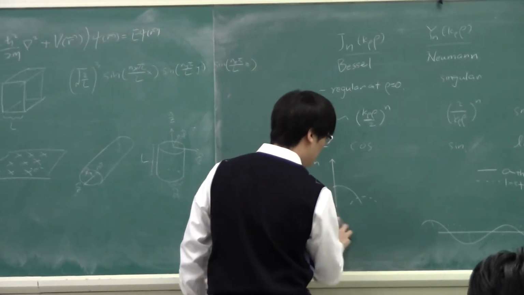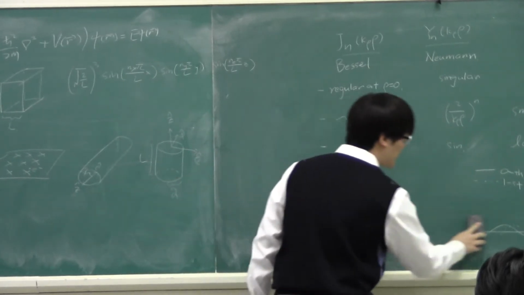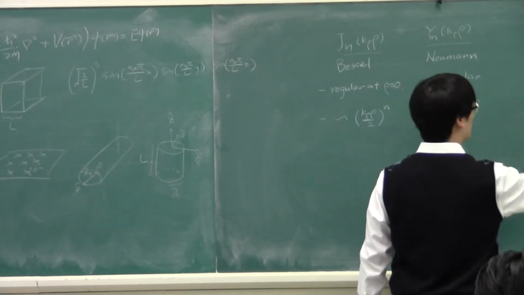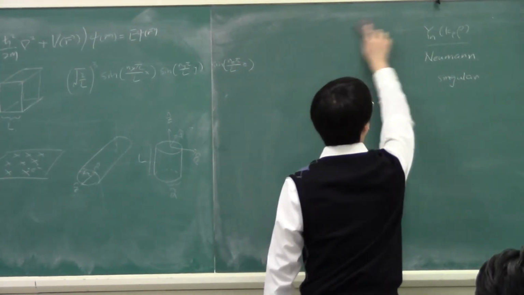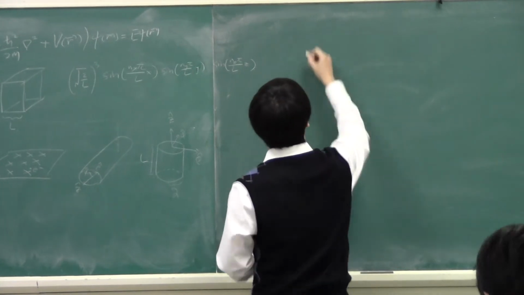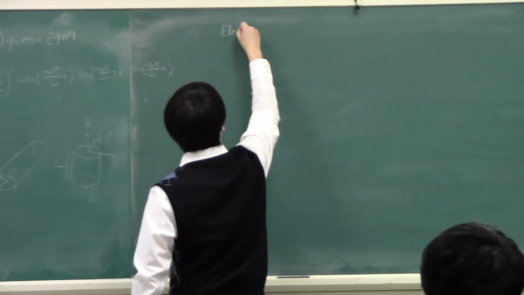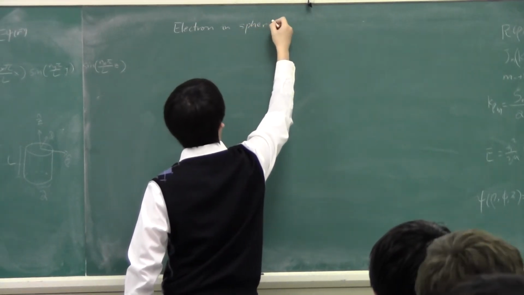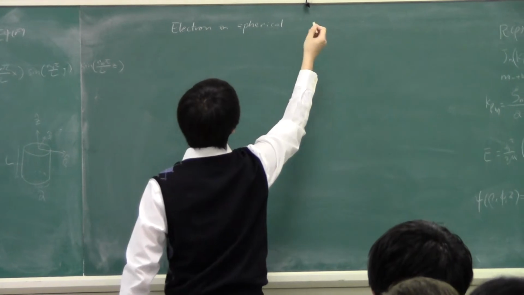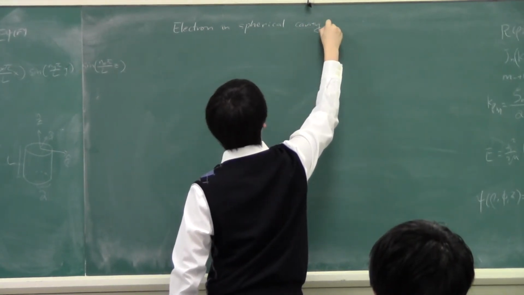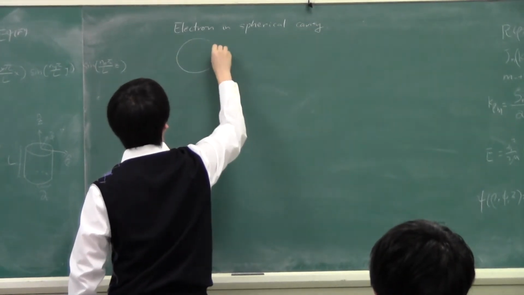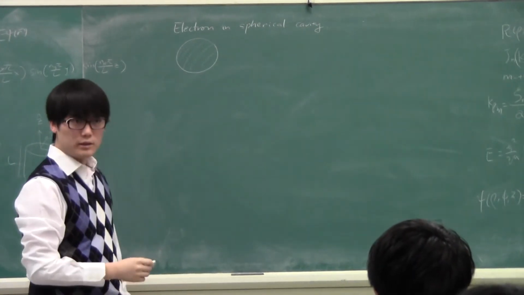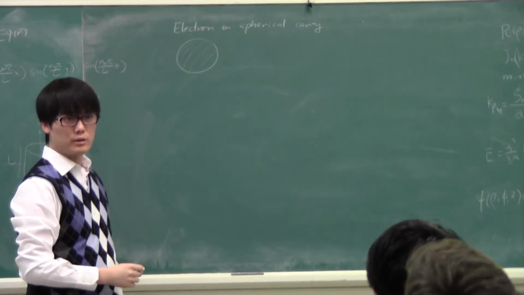So let's consider a similar problem, that of an electron trapped inside of another quantum dot. And this quantum dot is a sphere. So our problem is electron in spherical cavity. So in spherical coordinates, we write down the Schrodinger equation.